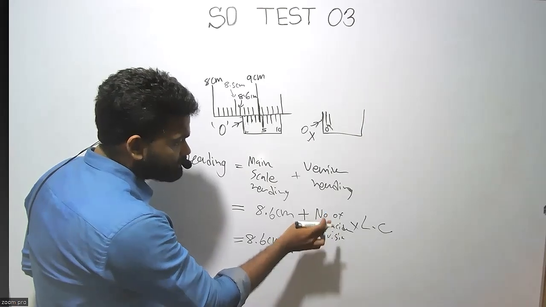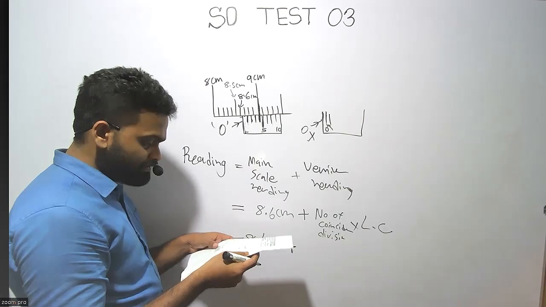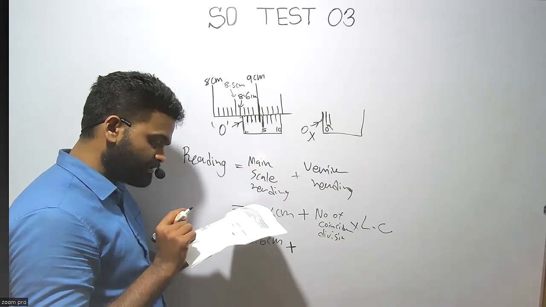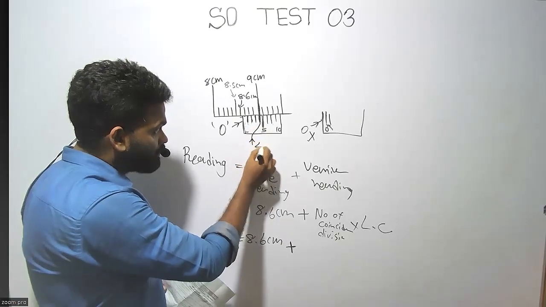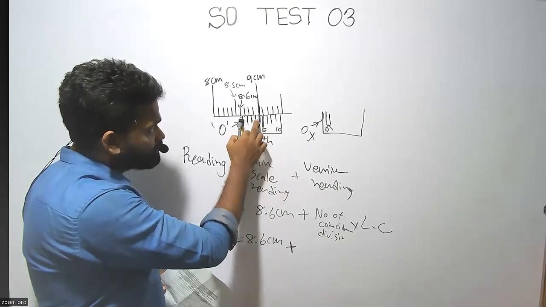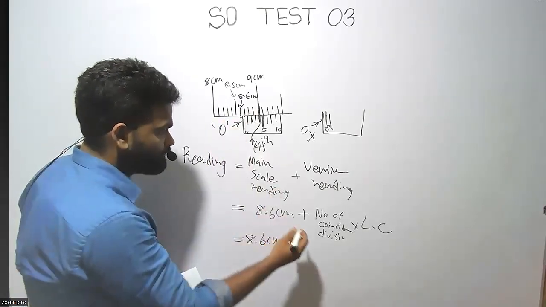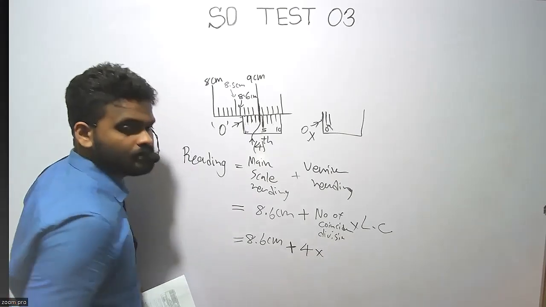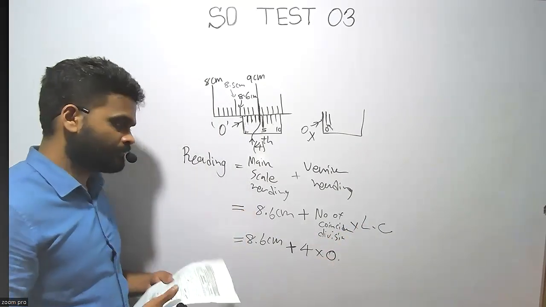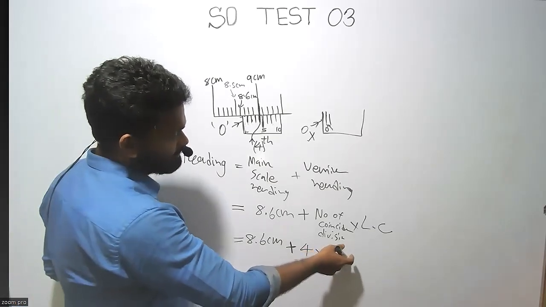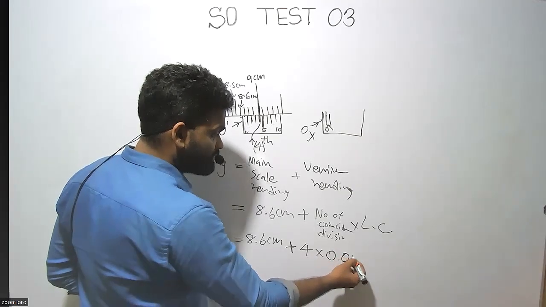Now, the number of coinciding divisions: where do you see a coincidence? In the image, it can clearly be seen at the fourth division, which coincides with the main scale. So the number of coinciding divisions is 4. What's the least count? 0.1 millimeter. But I can write it in terms of centimeters, so you need to divide it by 10. It becomes 0.01 centimeters.